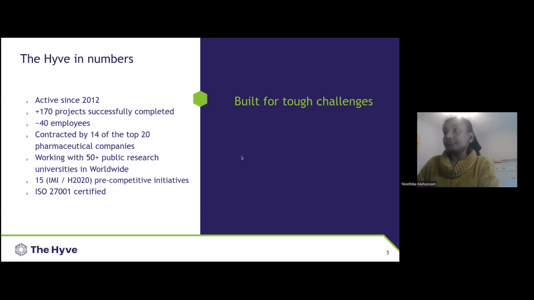Just a bit of numbers: we have been active for the last 10 years, and mostly we work with most of the top pharma companies in the world, and also a lot of public universities, research centers, medical universities, etc. Next to that, we also work in a lot of pre-competitive initiatives, or large grant projects, where we work in a pre-competitive stage, looking into research and innovation.